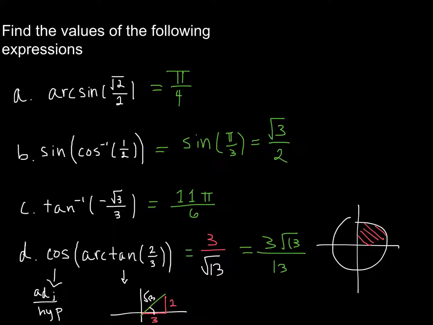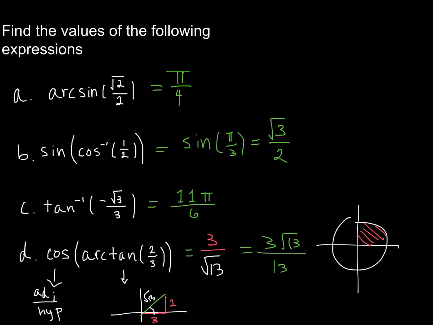And so the slope of the terminal side must be positive. But none of the angles that we know, none of our special angles, pi over 6, pi over 4, pi over 3, has a tangent whose value is 2 over 3. And so what we need to do is construct ourselves our own right triangle here, okay? Because the tangent is the rise over the run of this terminal side.